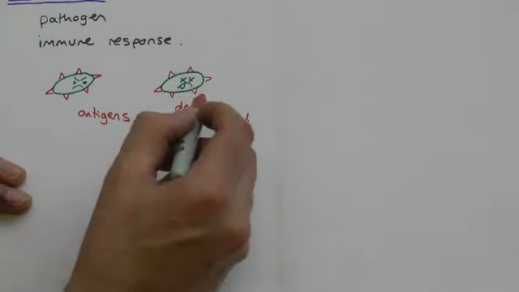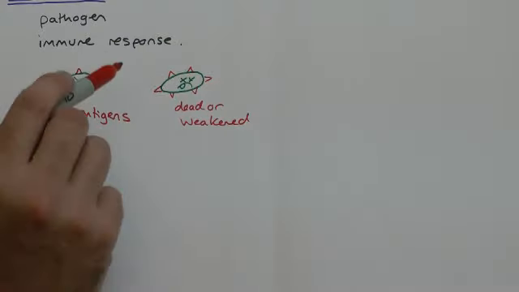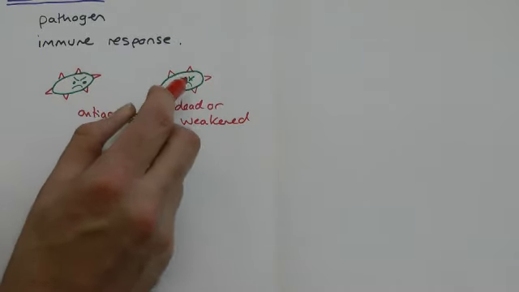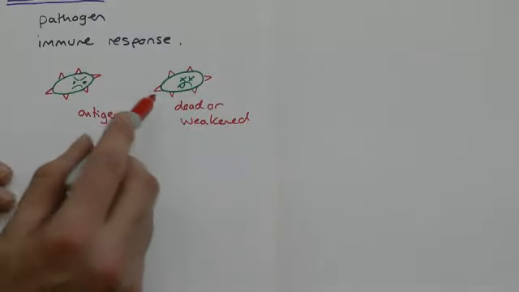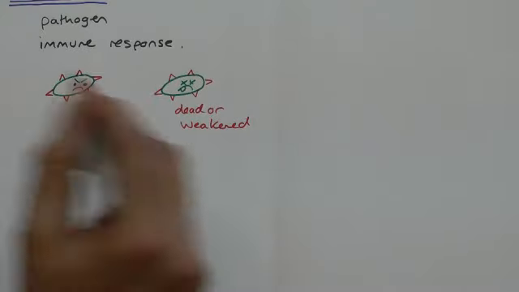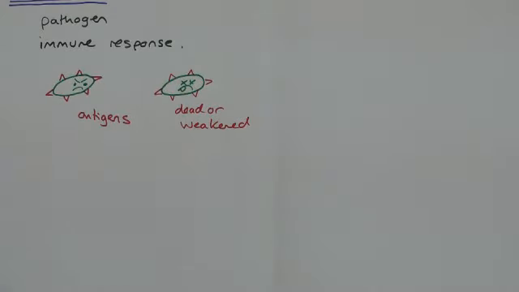Notice that the antigens are still on the outside, they've not been affected. The actual thing that's going to cause you problems, the pathogen itself, is dead or weakened, but the antigens are still there, and so the body will still respond to it.